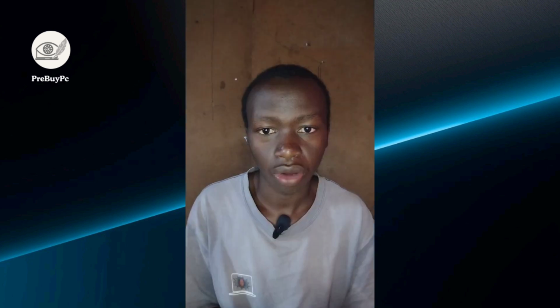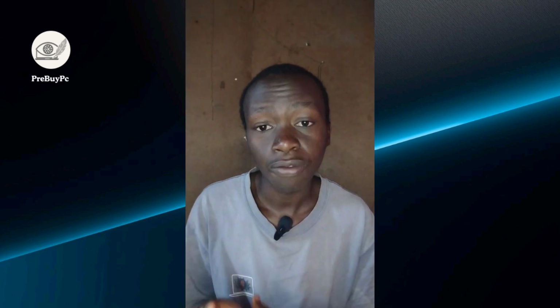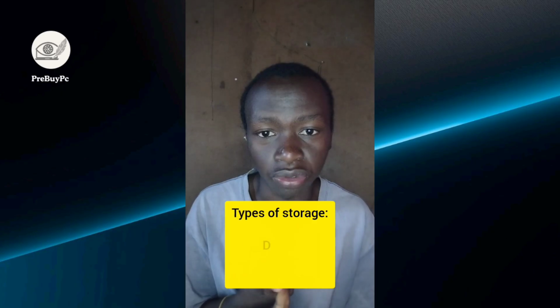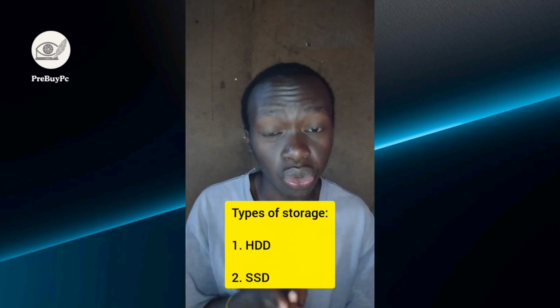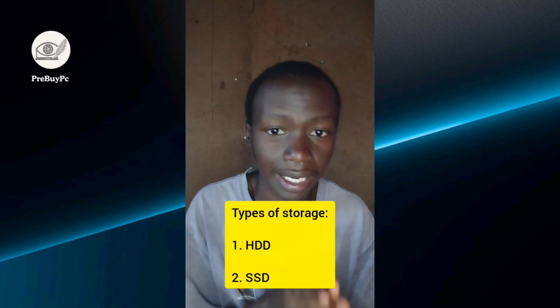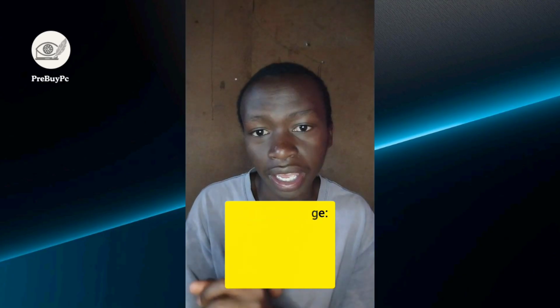Now let's take time to understand the types of storage in our laptops. We have one, the HDD type of storage, and number two, we have SSD. HDD means hard drive and SSD means solid state drive.